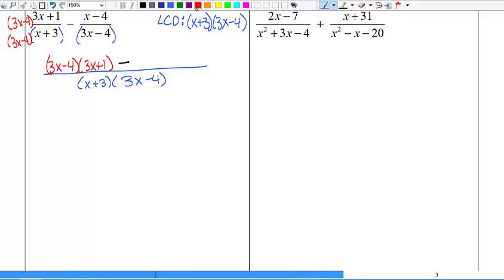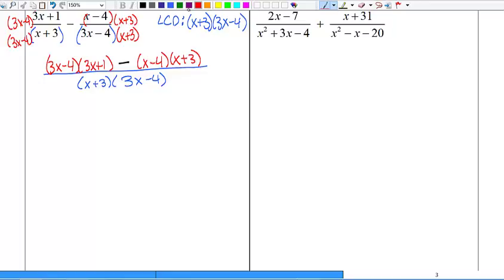On the second fraction, we have 3x minus 4, and I need 3x minus 4 and x plus 3. The missing factor there is x plus 3. Again, don't forget your parentheses around any binomial numerators. So now I've combined these into one fraction with the LCD.